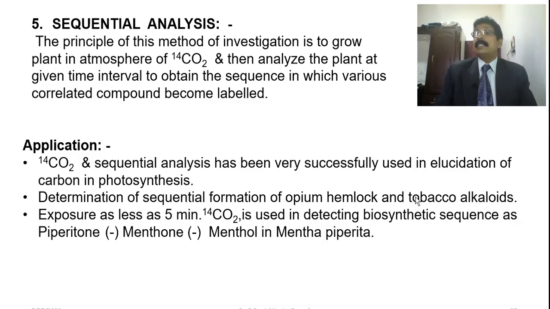And you see sequential analysis. The fifth one is sequential analysis. The principle of this method of investigation is to grow the plant in an atmosphere of carbon dioxide 14, an isotope, as when you grow chlorella, you have seen incorporation can be done.